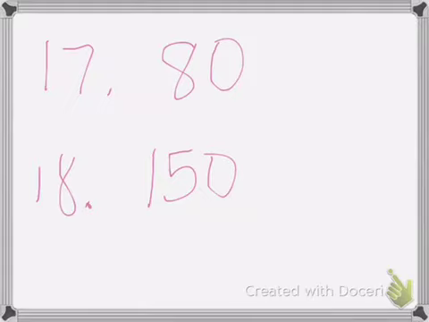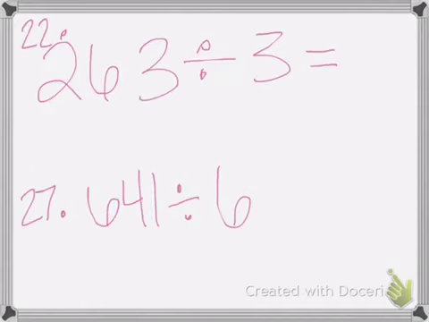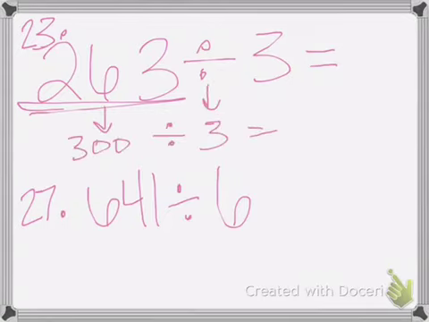I want you to at least try 2 more on page 94. So I'd like you to try numbers 22 and 27, which I put on the board. And please tell me what you get in the little quiz question. Oh, I'm sorry, this is 23. All right, so first think, what can I change the 263 to make it easier to divide by 3?